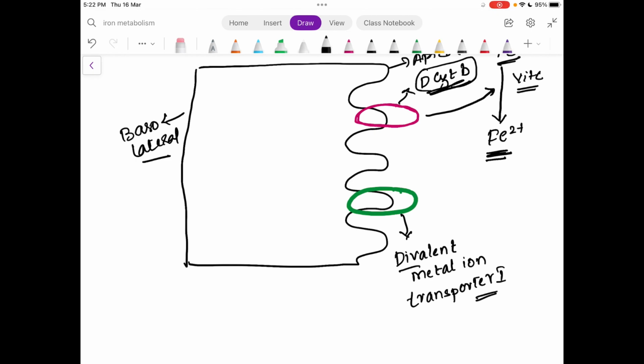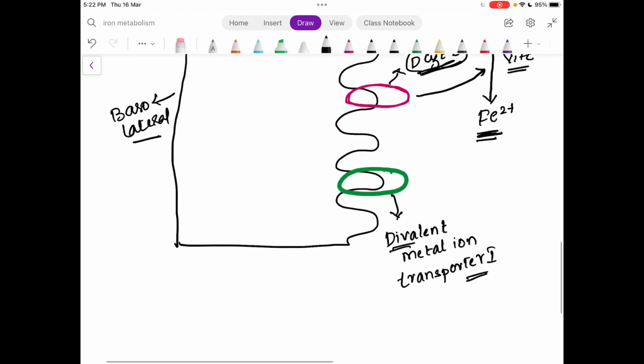What is this divalent? It can transfer only atoms which have two valency. Okay, that is, Fe2 plus can be transported.